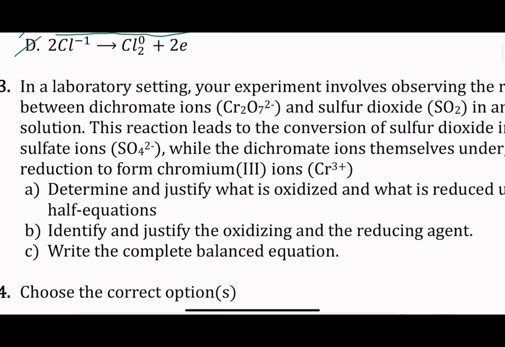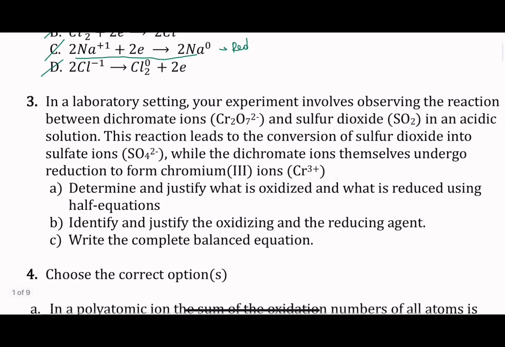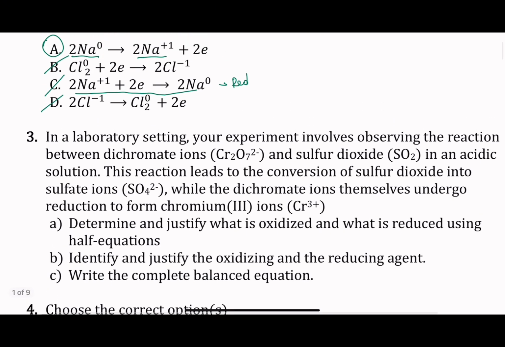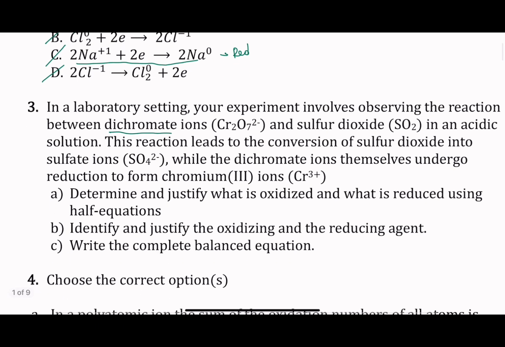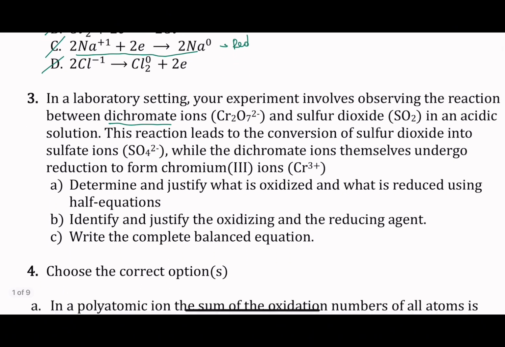In the third question we have dichromate ion, sulfur dioxide, sulfate ions. Some of you asked regarding the polyatomic ion names, such as do we need to memorize dichromate ions? For this exam you won't be needing it because we will provide you with whatever necessary name and the polyatomic ion itself.